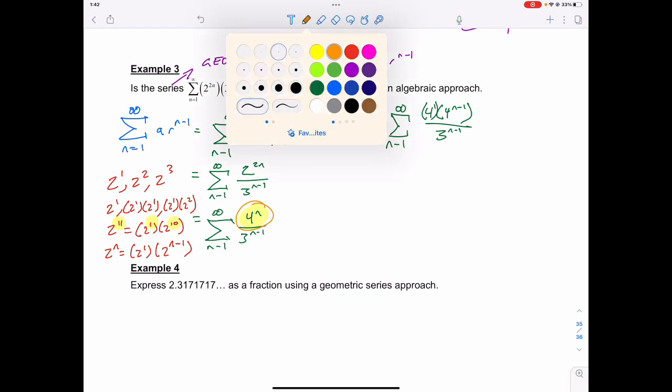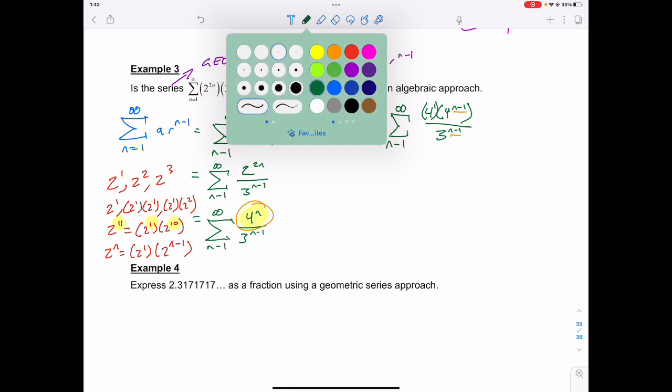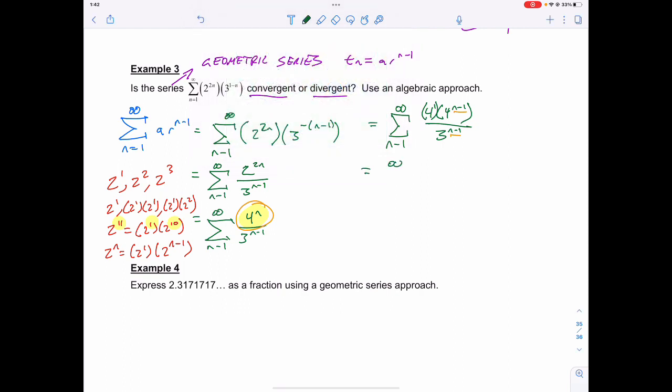And now we can see that there's a common exponent here, the n minus 1, which means that this would be the same as 4 to the n minus 1 over 3 to the n minus 1. And because the same exponent is applied in the numerator and denominator, I actually have the 4 to the 1, and I'm multiplying that by 4 over 3 to the n minus 1.